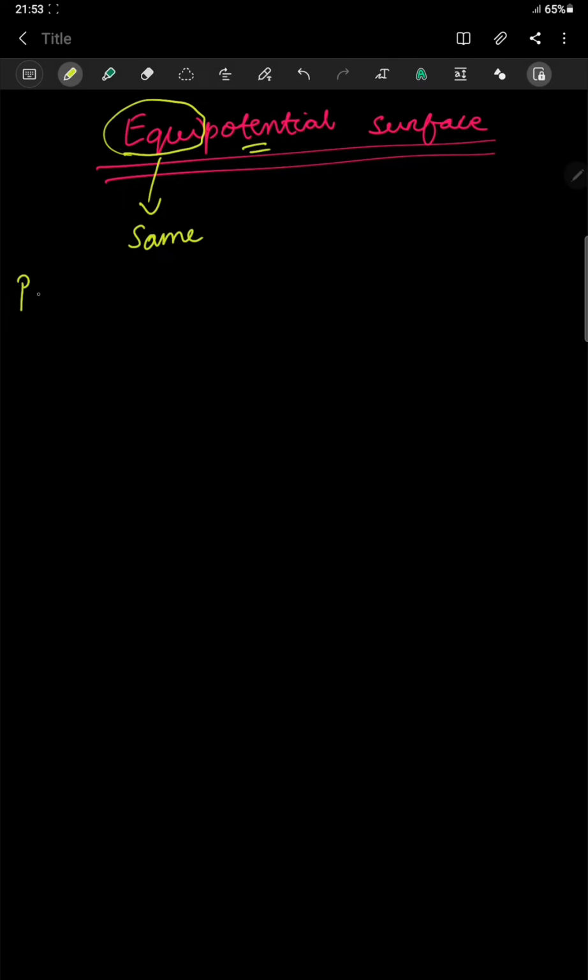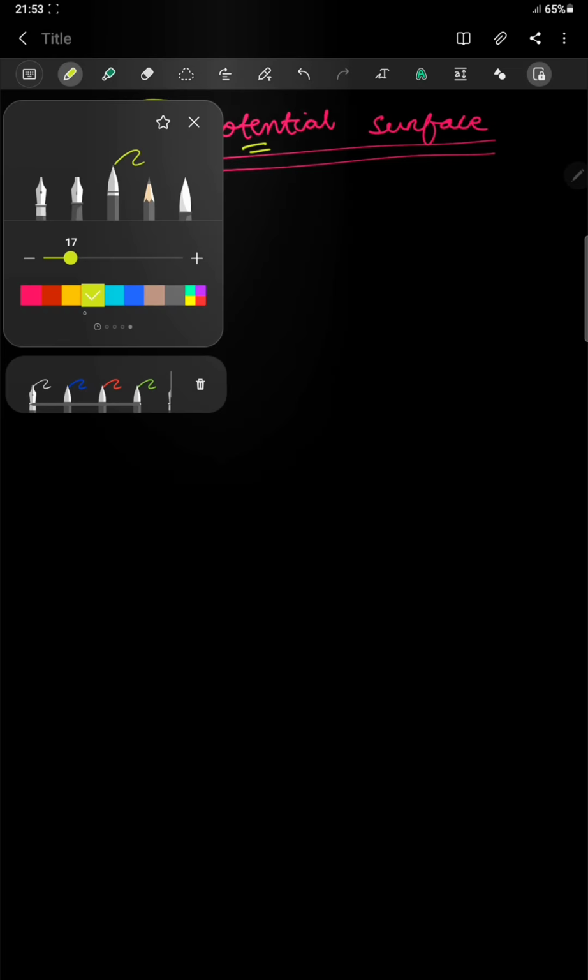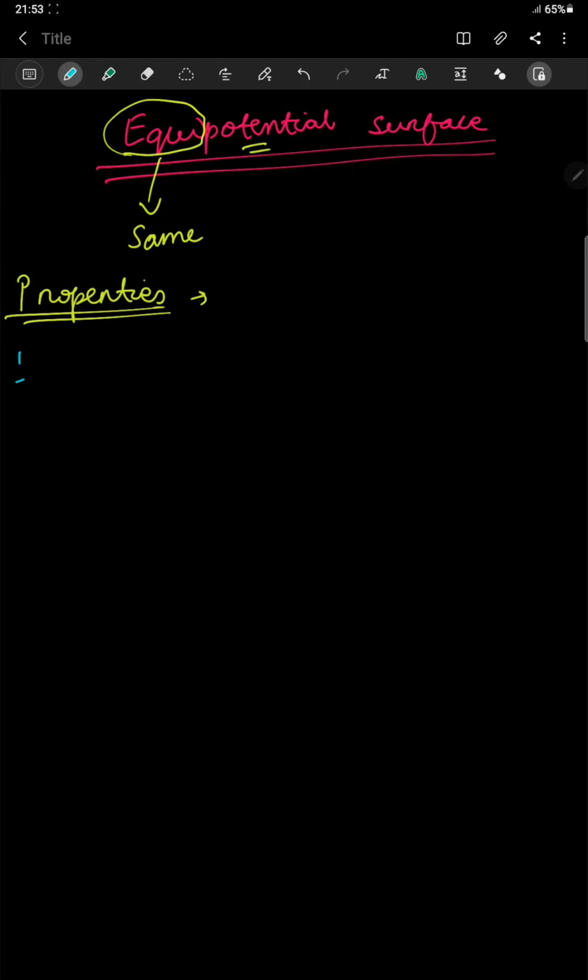So let us go for their properties. Properties of an equipotential surface, we'll study one by one. The first thing is that these are imaginary surfaces.